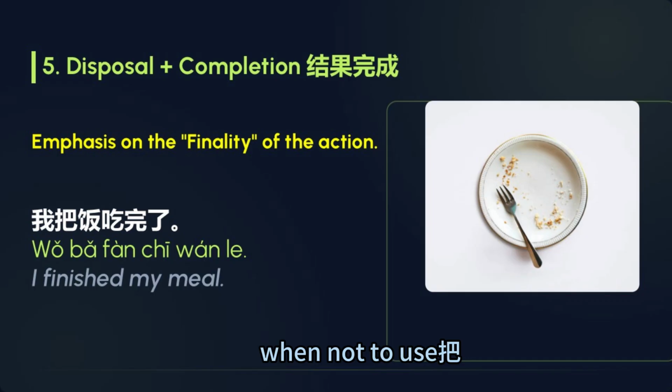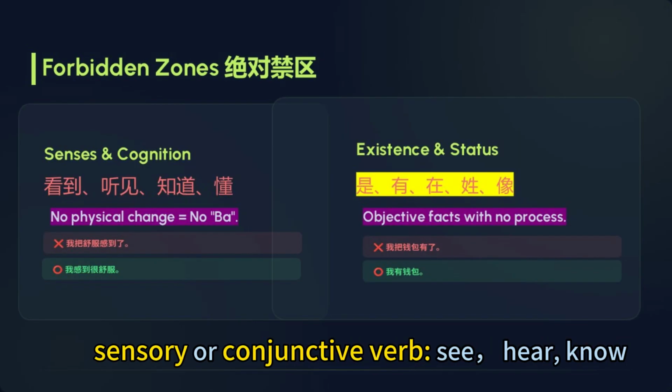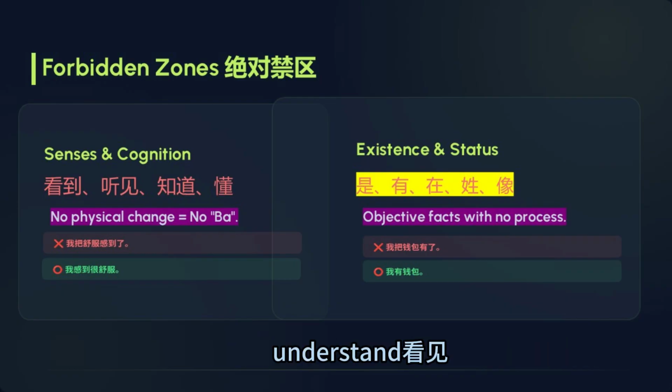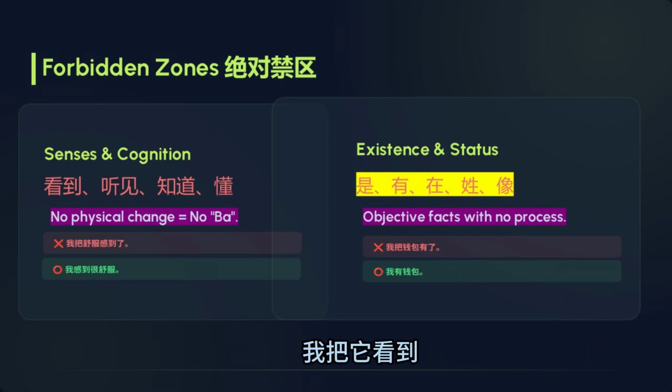When not to use 把? Some verbs naturally don't work well with 把. Sensory or cognitive verbs: see, hear, know, understand, 看见, 听见, 知道, 懂. Why? Because no clear change happens to the object. 我把它看到, 我把它听见. No, this doesn't work.